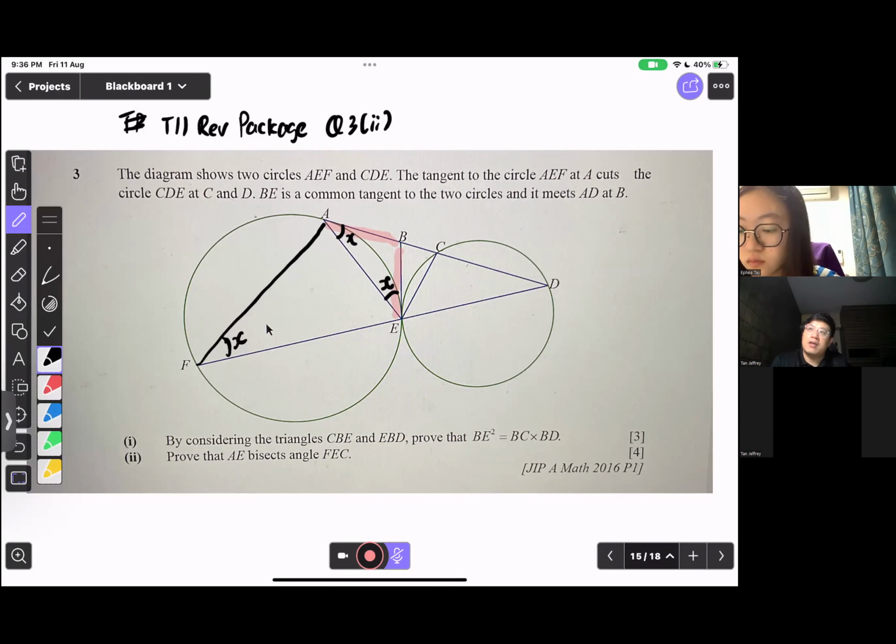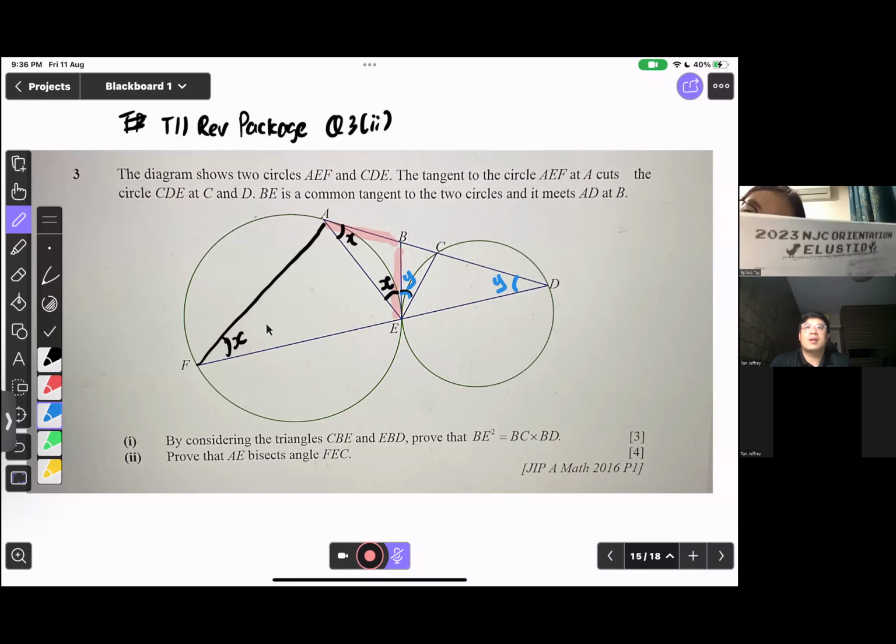Then I call this y, I use blue color. What other angle is y? This BE is a tangent, so that means this is also y. CDE will be y. Correct. Does it make sense?